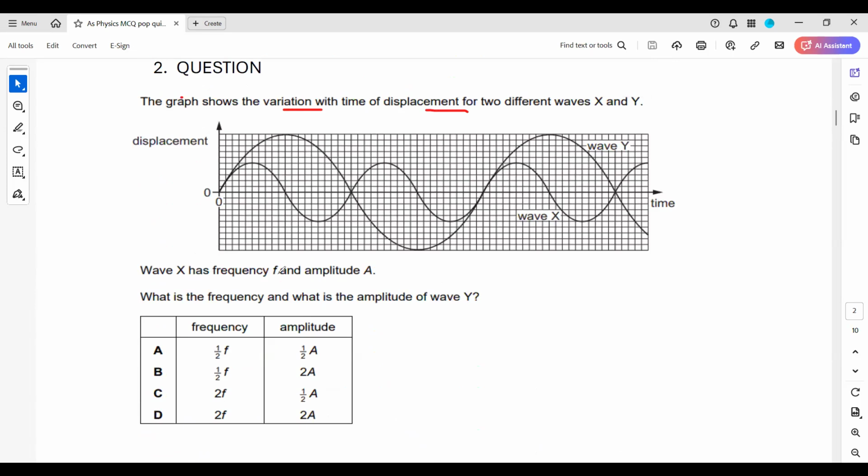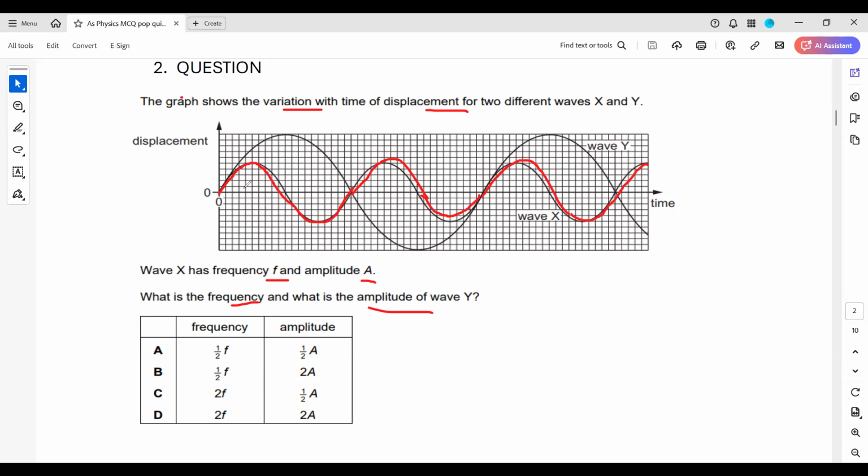Wave x has a frequency f and the amplitude a. So this is wave x, as they already specified. What is the frequency and the amplitude of y? If we want to compare the frequency, we can compare the time periods, because the relation between time period and frequency is inverse.